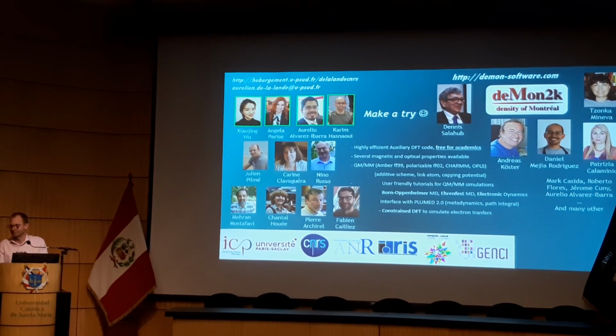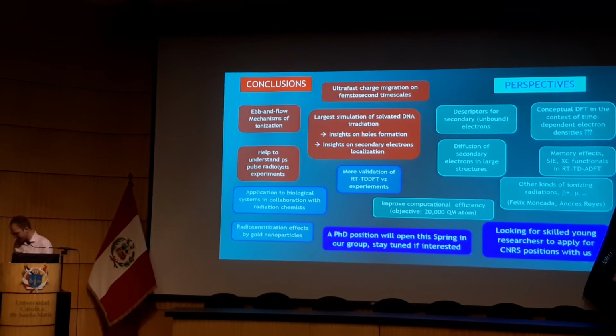I have several questions related actually to your perspective. And the first one is, well, you show a plot where you mentioned that the cross sections that you obtain are in good agreement with the experiment.